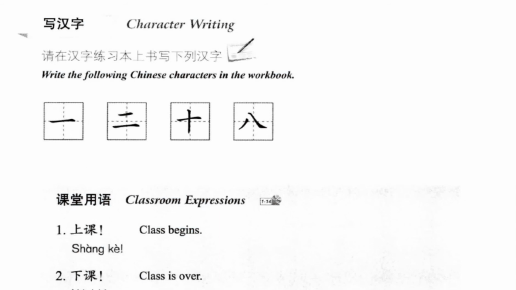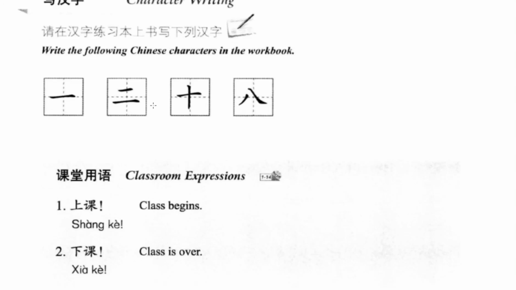And 2, 二, and 10, and 8. If you have the workbook, or if you can draw the squares like this, you can practice the basic Chinese characters. A good handwriting means you can learn Chinese very well, I think.